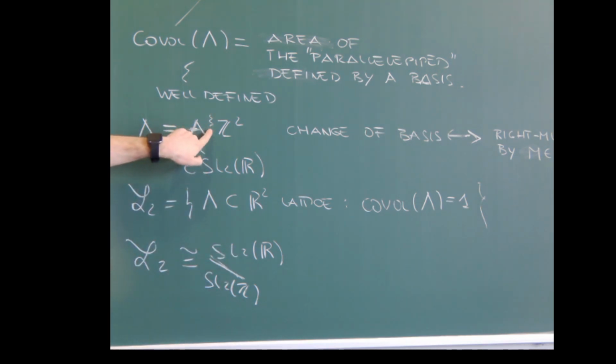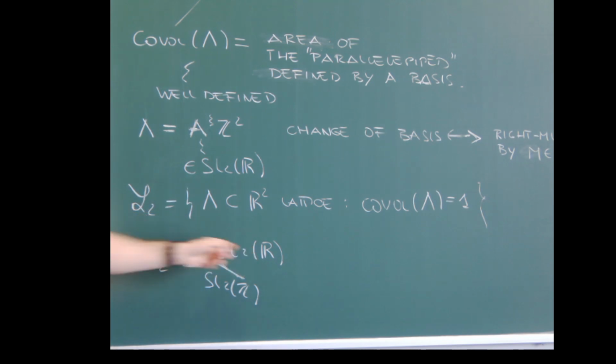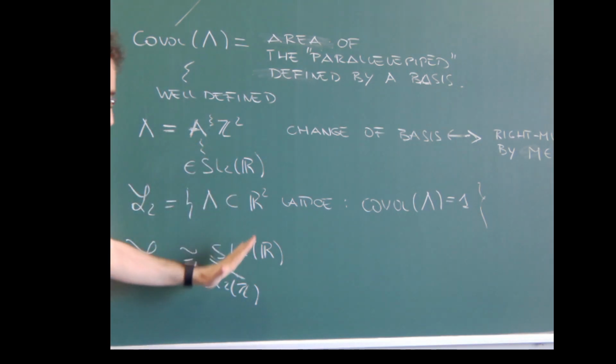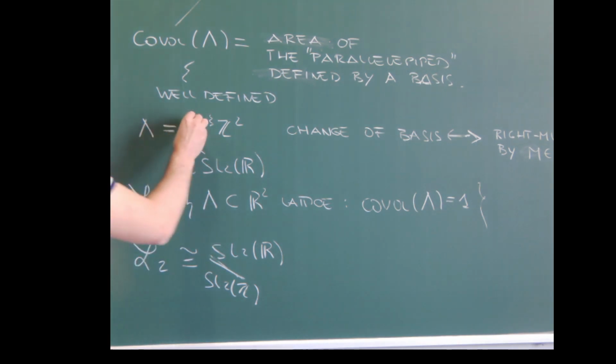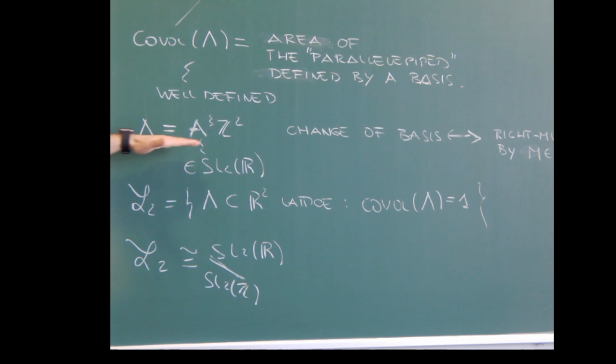So what you want to do is you want to see lattices in a different way so that this space of lattices can be identified by this quotient, where instead of quotienting by the right action of SL2Z, I quotient by the left action of SL2Z, right? So if you look, you all agree with me that a lattice can be written like this? Everyone agrees, right? Okay, so here to get a different basis, I have to multiply on the right.